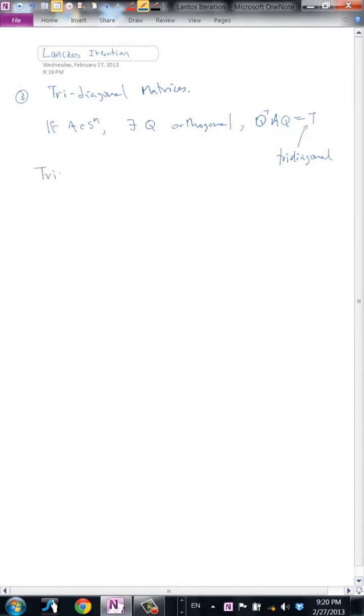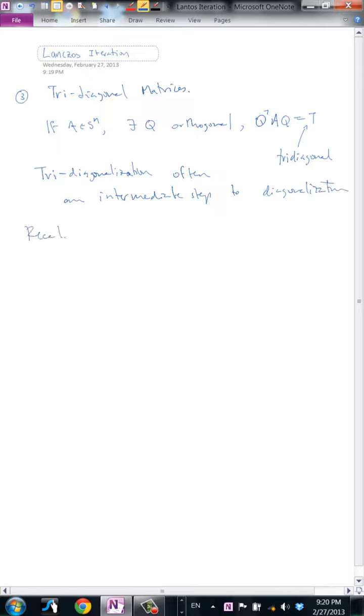So the point is that tridiagonalization is often an intermediate step to diagonalization.